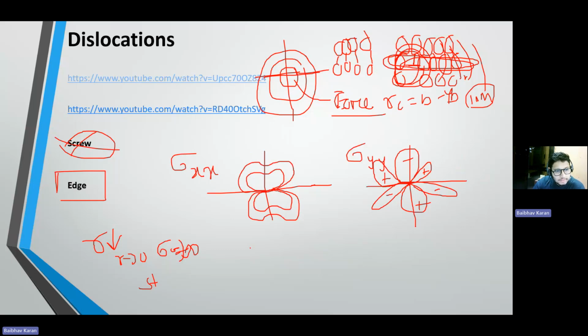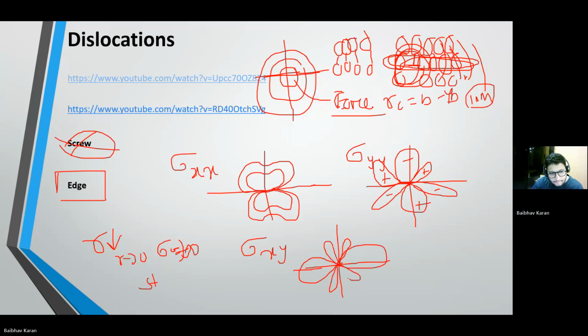Sorry, sigma yy. Then we have sigma xy. How is the contour we are observing? The contour is just opposite to this one. We're getting bigger circles here, bigger circles here. Then the smaller ones are here. This is what we are getting. And if this is positive, this is negative.